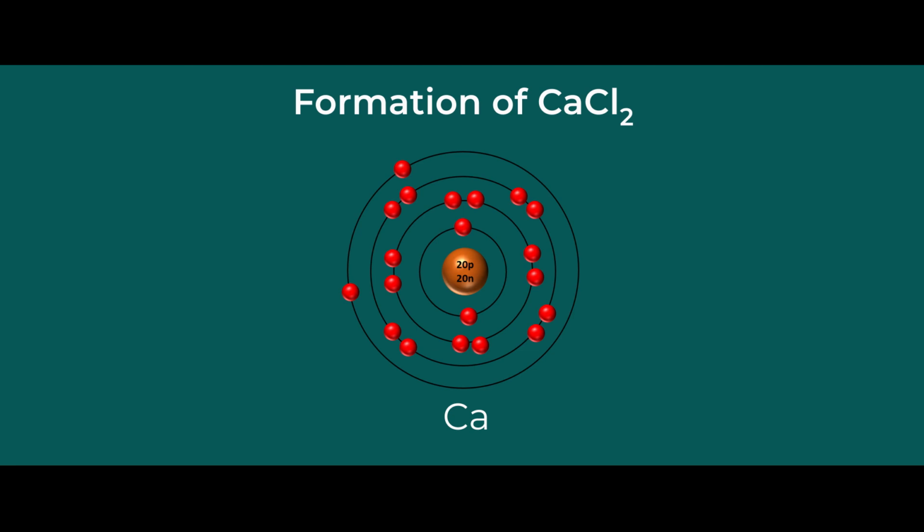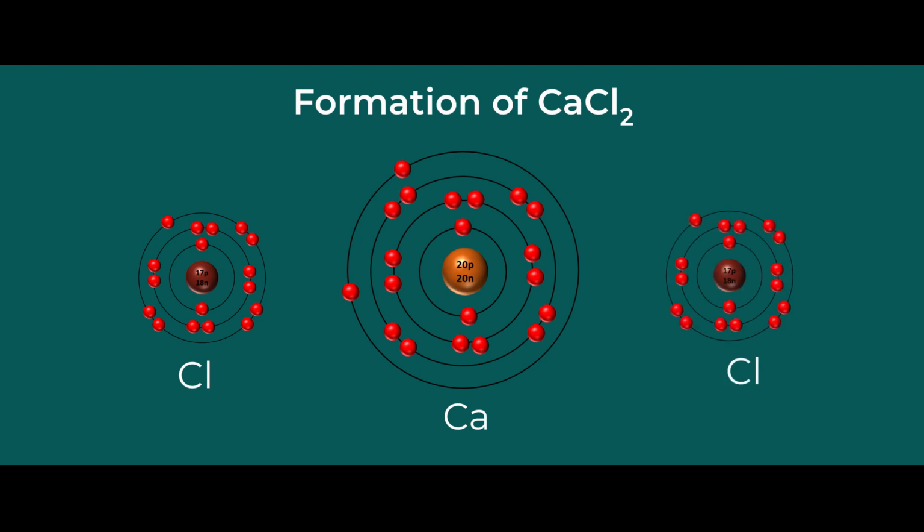So we have a chlorine atom here. Chlorine atom contains 7 electrons in the outermost shell, and it's not stable. In order to gain stability, chlorine atom needs to gain 1 electron, and since calcium has 2 electrons in its outermost shell, only one electron can be taken by one atom of chlorine, so it needs another atom of chlorine to take the other electron.